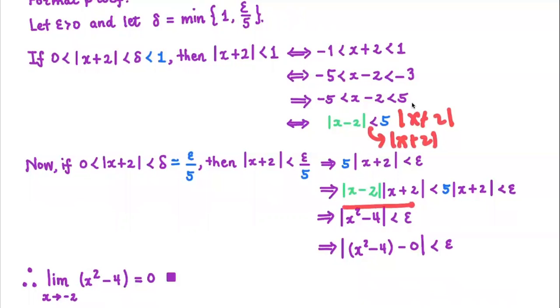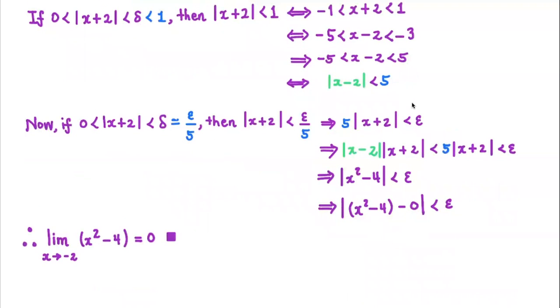So we get here, this one is less than absolute value of 5 times x plus 2, which is less than epsilon. And so we have here absolute value of x squared minus 4 is less than epsilon, which we can write as absolute value of x squared minus 4 minus 0 is less than epsilon. Therefore, the limit of x squared minus 4 as x approaches negative 2 is 0.